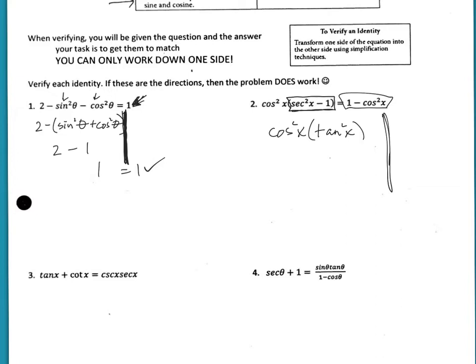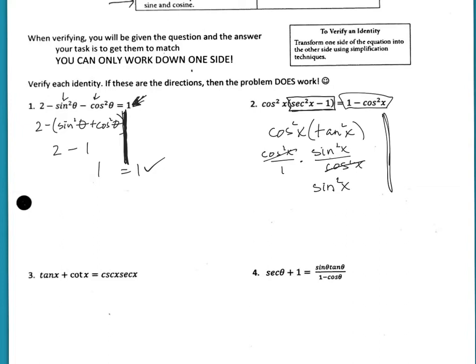Well, of course, now I'm at a point where it's probably best to put everything in sine and cosine. And so tangent squared is sine squared over cosine squared. Since we're multiplying, the cosine squareds will cancel out and we get sine squared. Well, normally I would say that's a great answer, but look at the answer. Allow the answer to drive what you're doing.